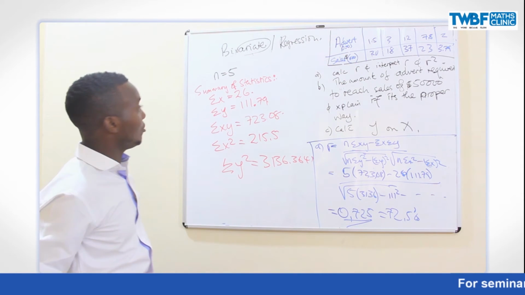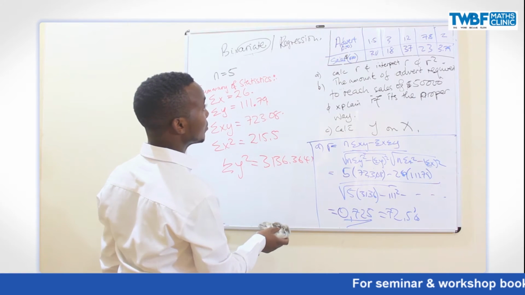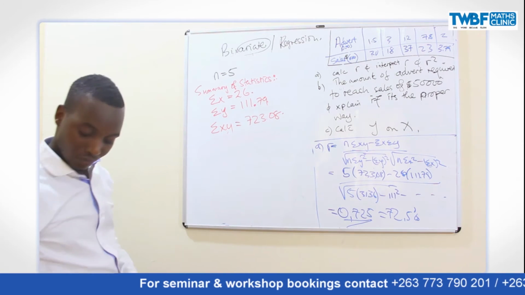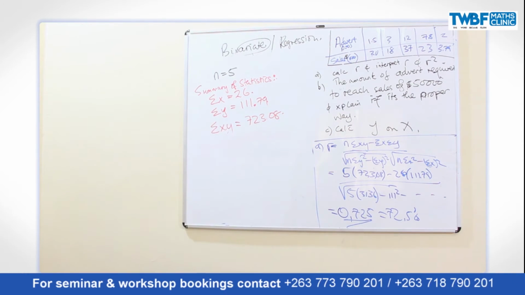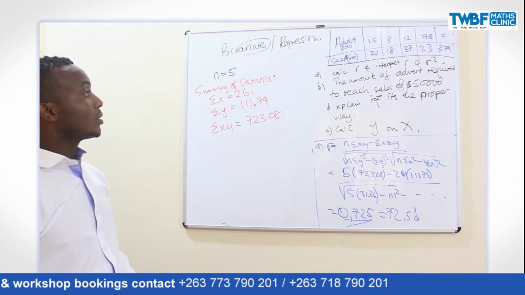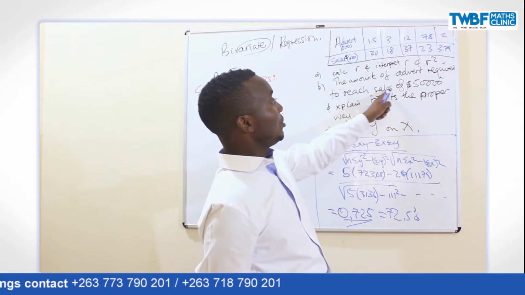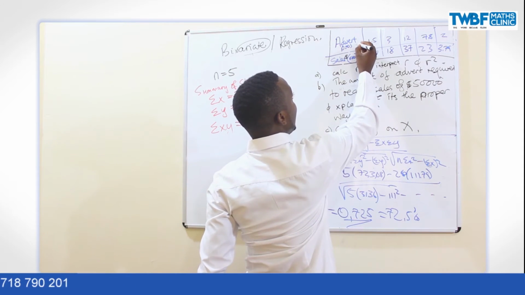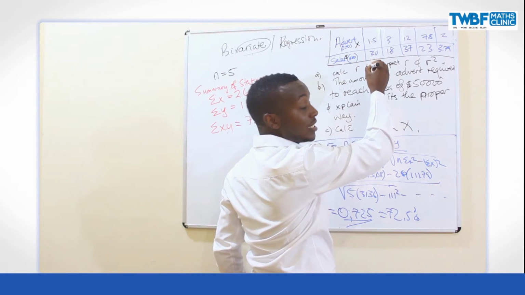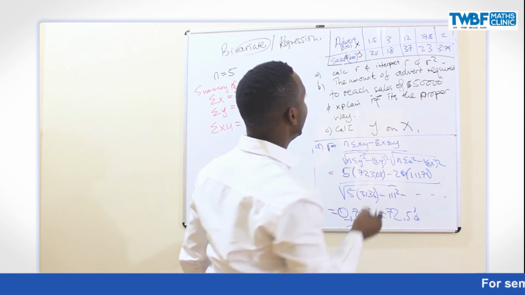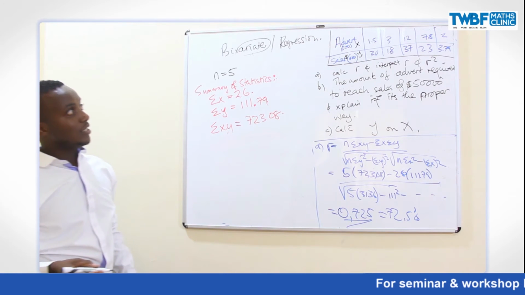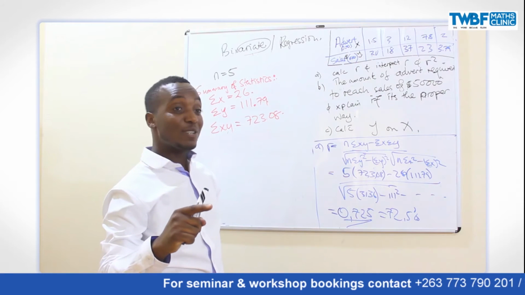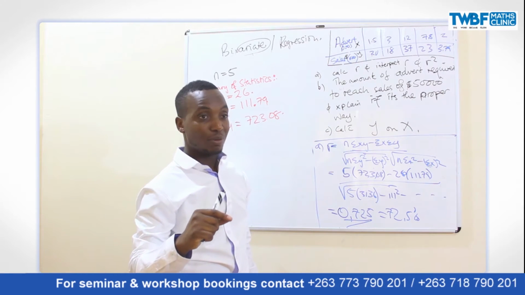Alright, from there now, where do we go? The amount of advert required to reach that sales. In other words, if this is our X and this is Y. Mind you, when you are dealing with variables, X is the independent variable.